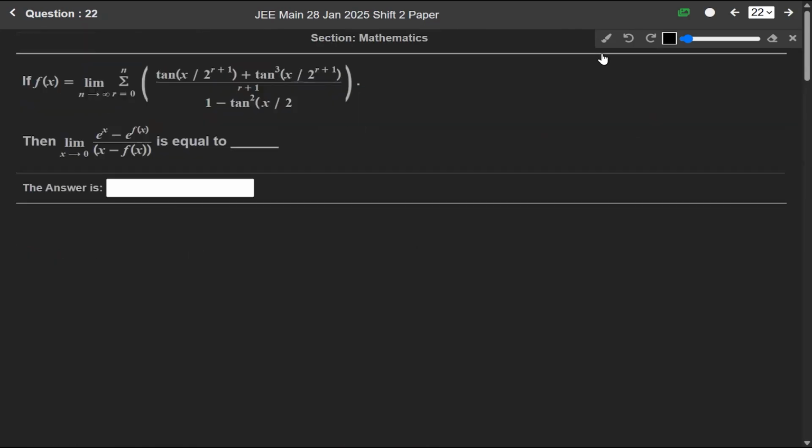Now question number 22. If f(x) is given by this, then the limit as x tends to 0 of (e^x minus e^f(x)) over (x minus f(x)) is equal to. Okay.